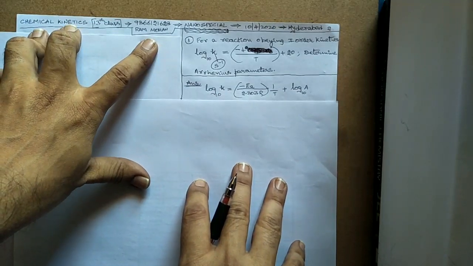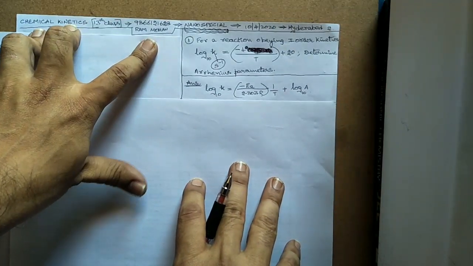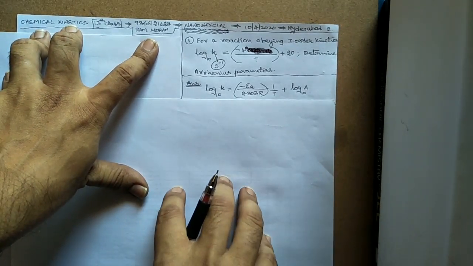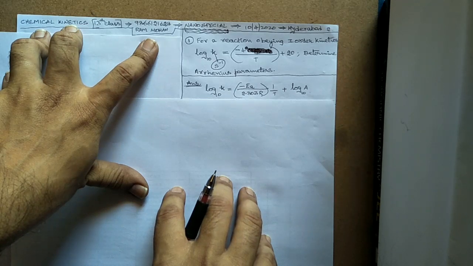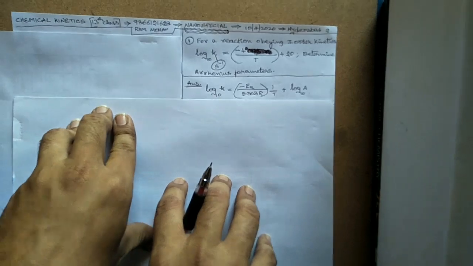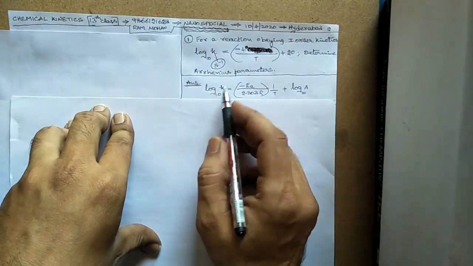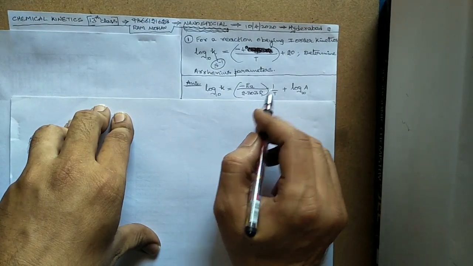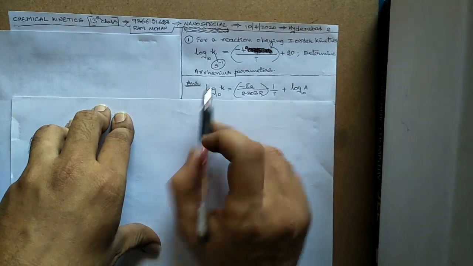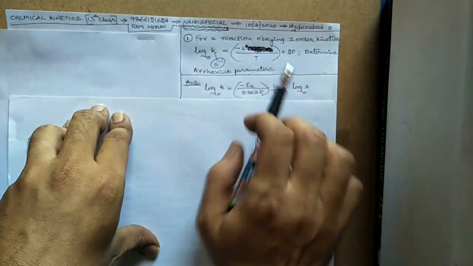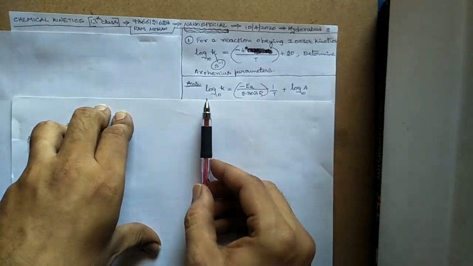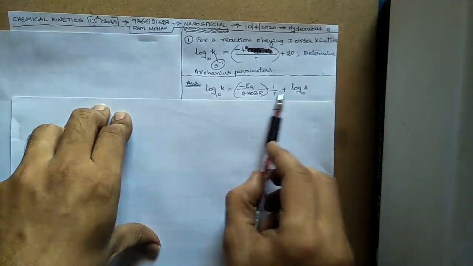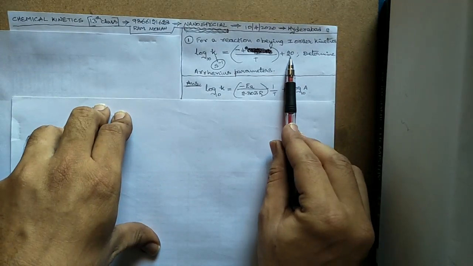So when I write that equation in the known form, this is what we know: log k to base 10 is minus EA by 2.303 R into 1 by T plus log A to base 10. So find them proportionately. When we draw a graph, y is equal to mx plus c. This is the y-intercept, and that y-intercept is given as 20.